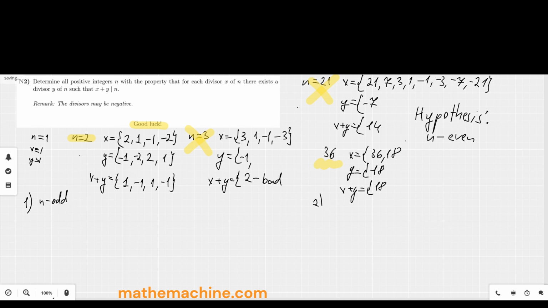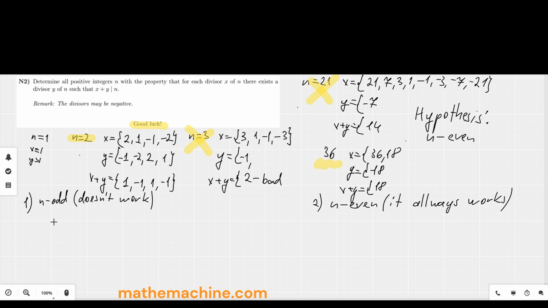And second, we need to prove that when n is even, it always works. Okay, so let's prove it.